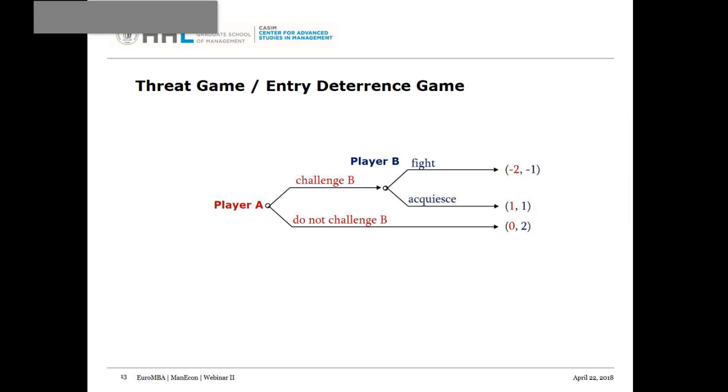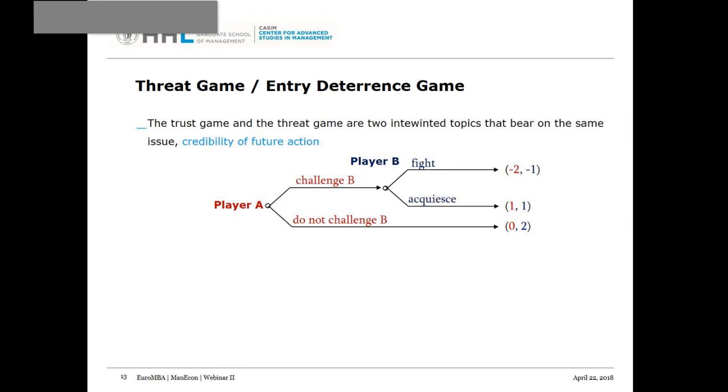They could squeeze the margin, for instance. Now, in this game, when you think about it, it's a game of threat, not a game of trust. Even though they are different, they have something in common, and the common aspect is the idea of credibility.